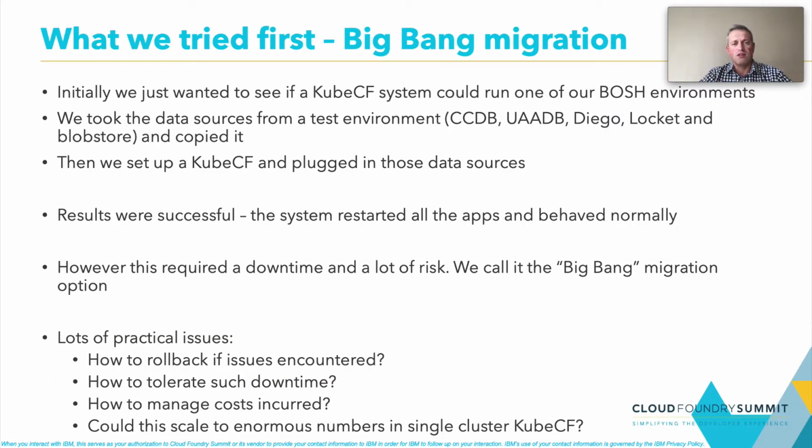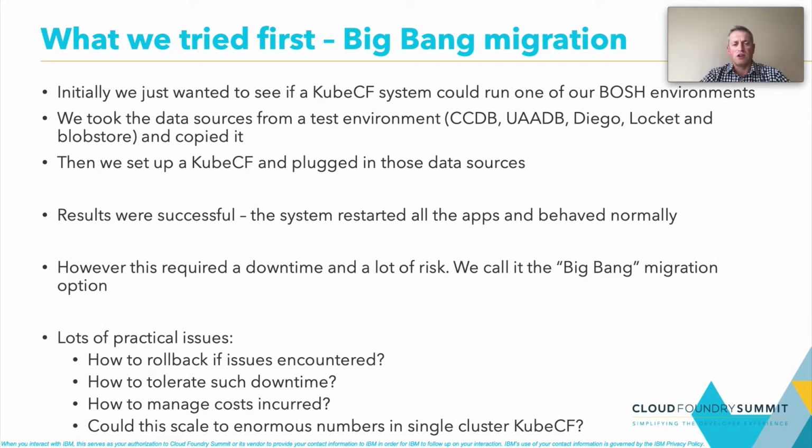What we did initially was we took the KubeCF and CF operator projects, and we said, okay, let's see if we can get one of our existing systems up and running on this. So we took one of our test staging environments, and we took copies of the data layers. That means we copied CCDB, UAADB, Diego, Locket, and also the droplets. So we took the whole blob store as well, and copied all of those.